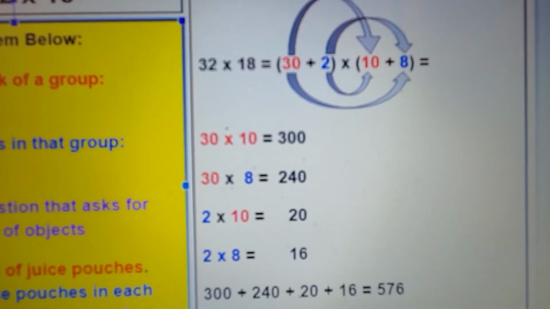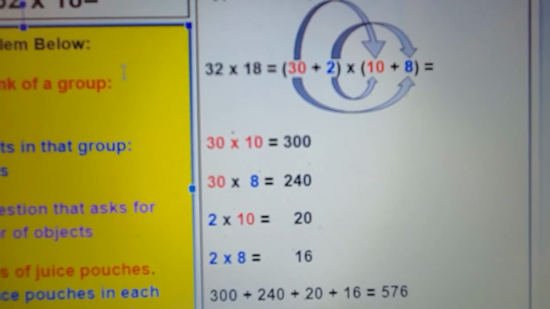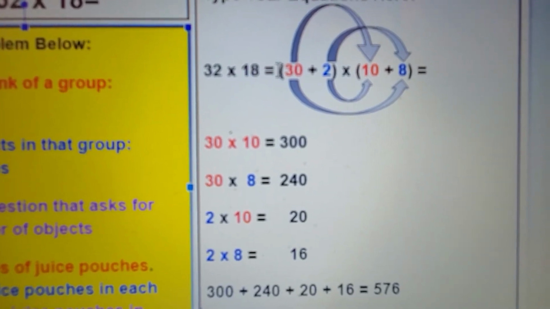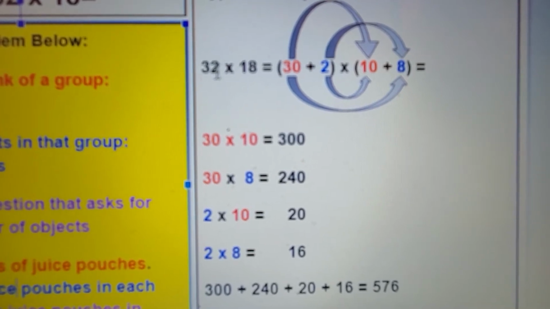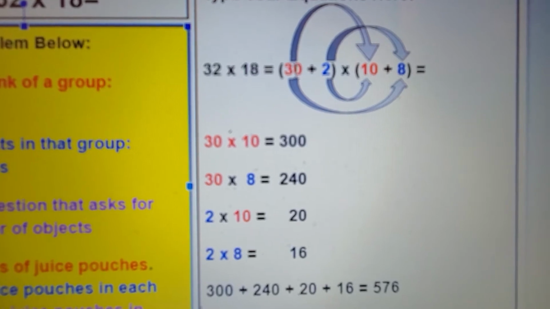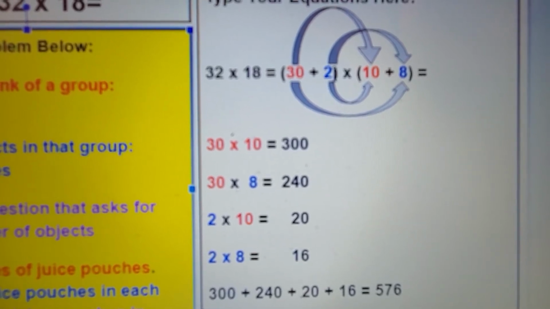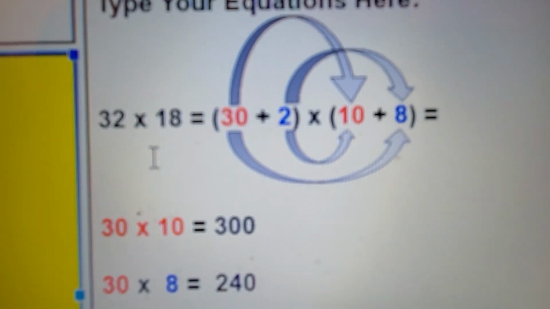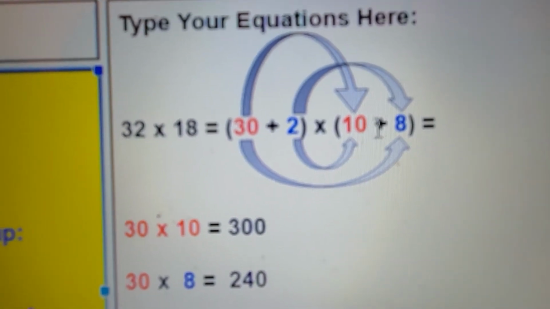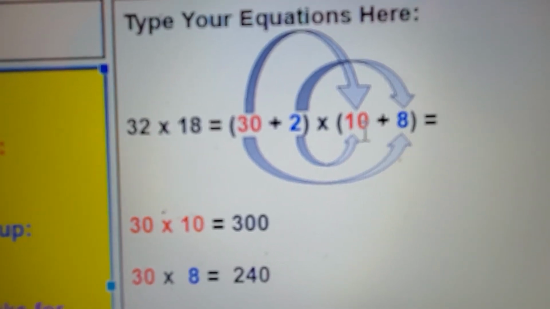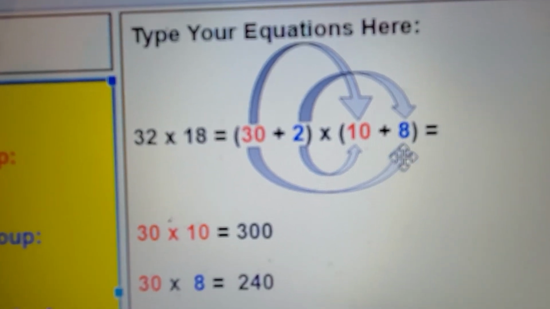So what I've done here is taken the original equation, 32 times 18, and in the first set of parentheses, I split the 32 into 30 plus 2. So all the 10s are in red, and all the 1s are in blue, to kind of break that down for you. See that? And then 18 I split into 10 plus 8, because that 1 is actually 10, and that 8 is equal to 8.